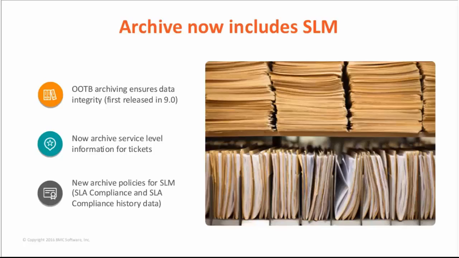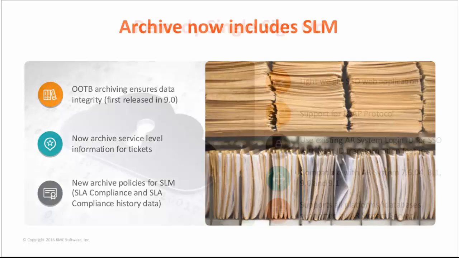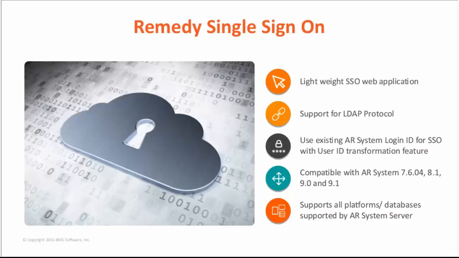We have also provided a pluggable framework for user ID transformation. The big benefit of this feature is when users have a different login name in Remedy compared to LDAP. Let's say there is some kind of case variation between my login name in Remedy and how it exists in LDAP.